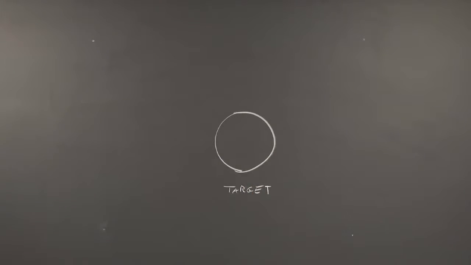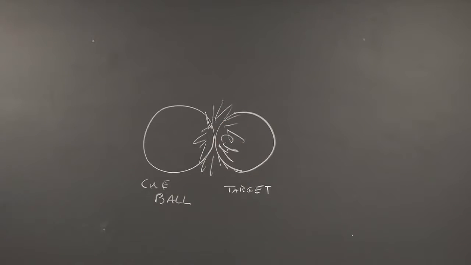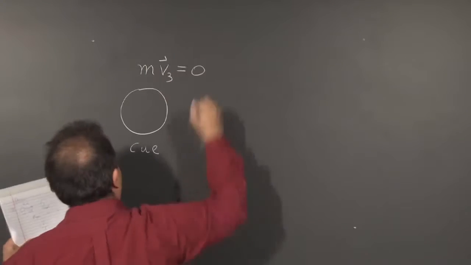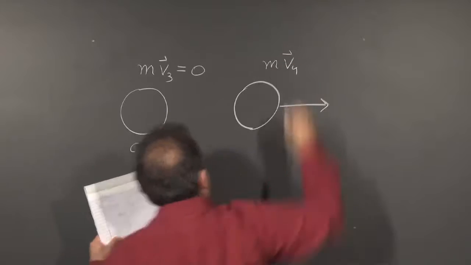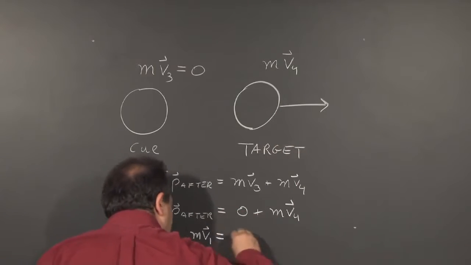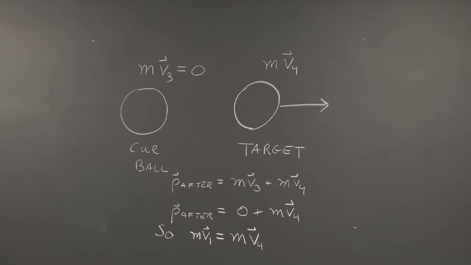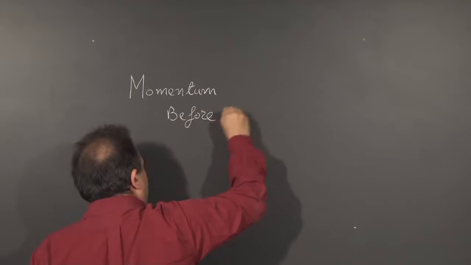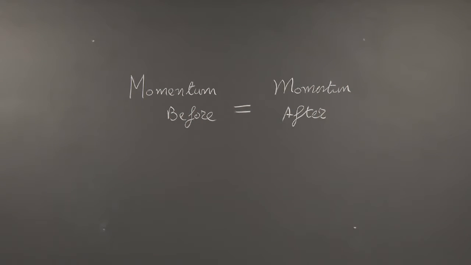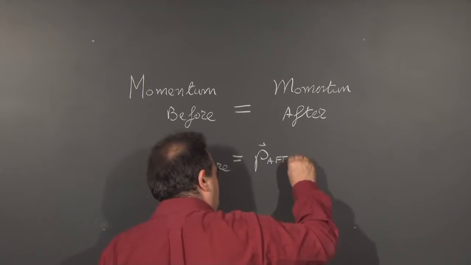Then in the second half, after they've collided, you had the cue ball stand still and the target ball shoot off in some direction. In that process, all the momentum before is the same as the momentum after. Just the objects that are moving are different.